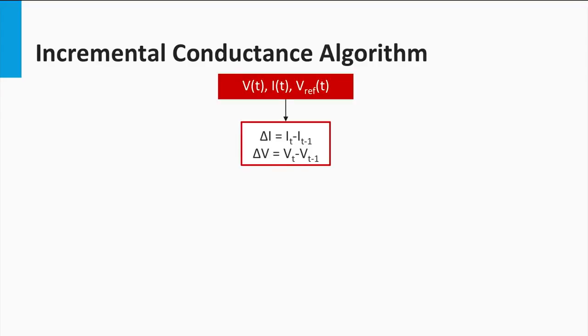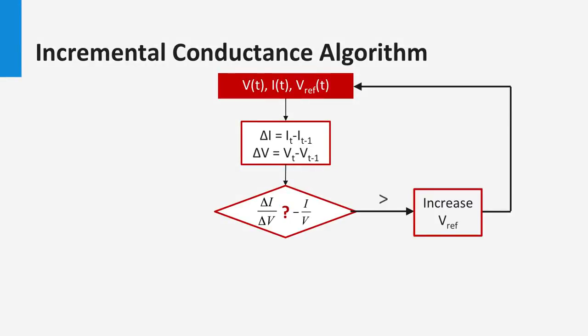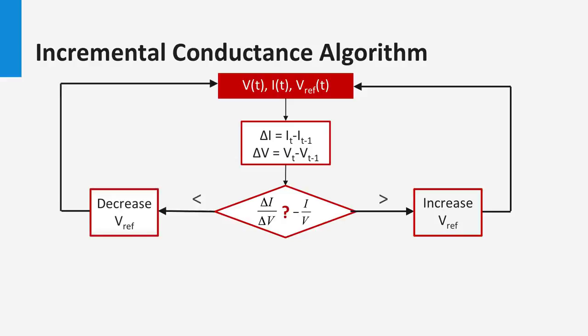For any change in the operating point, the algorithm compares the instantaneous and incremental conductance values. If incremental conductance is more than the negative of the instantaneous conductance, this means the current operating point is to the left of the maximum power point. Consequently, the ref voltage is incremented.